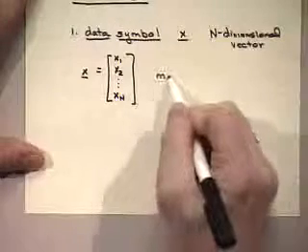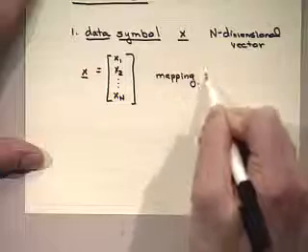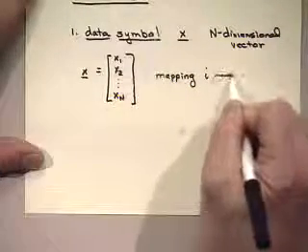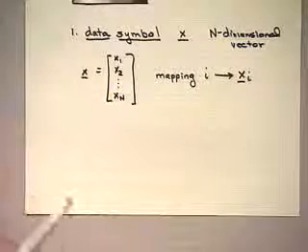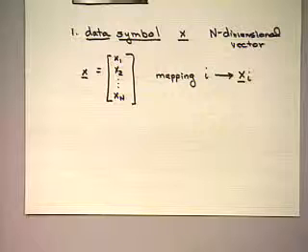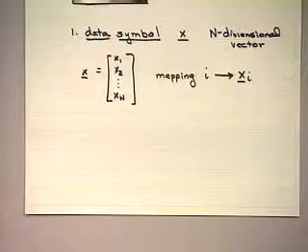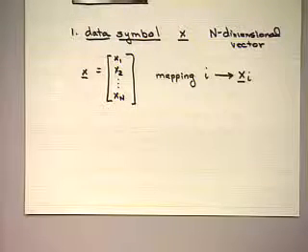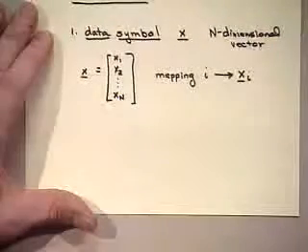And there will be a mapping from messages, which are indexed by some index I, to data symbols. So each message will be represented by some n-dimensional vector. N is going to be called the dimensionality of the modulator. But for now, it's just the number of elements in a vector.